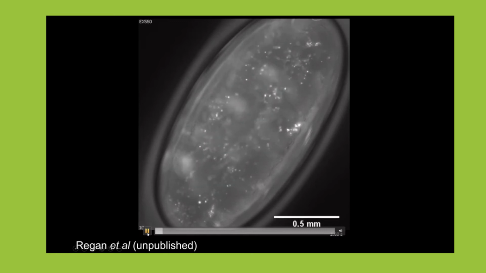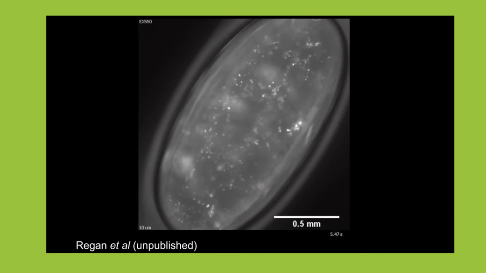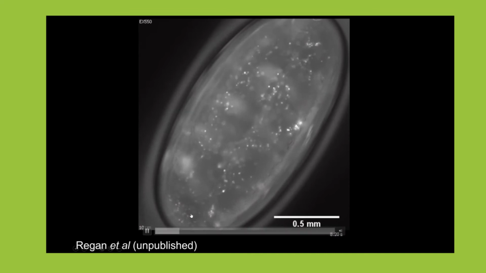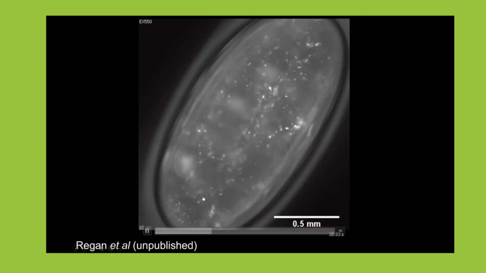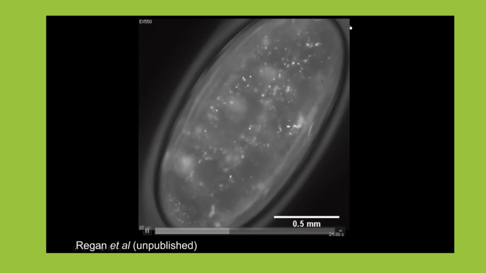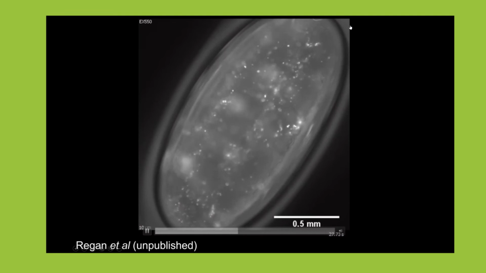So what we see here for the first time is a study of hemocyte flow in the intact living pupa. You can see that we have this pulsatile behavior along the length of the pupa. We can see the pump at this end, and there's also a second pump at the top, which hopefully is not obscured on your screen.